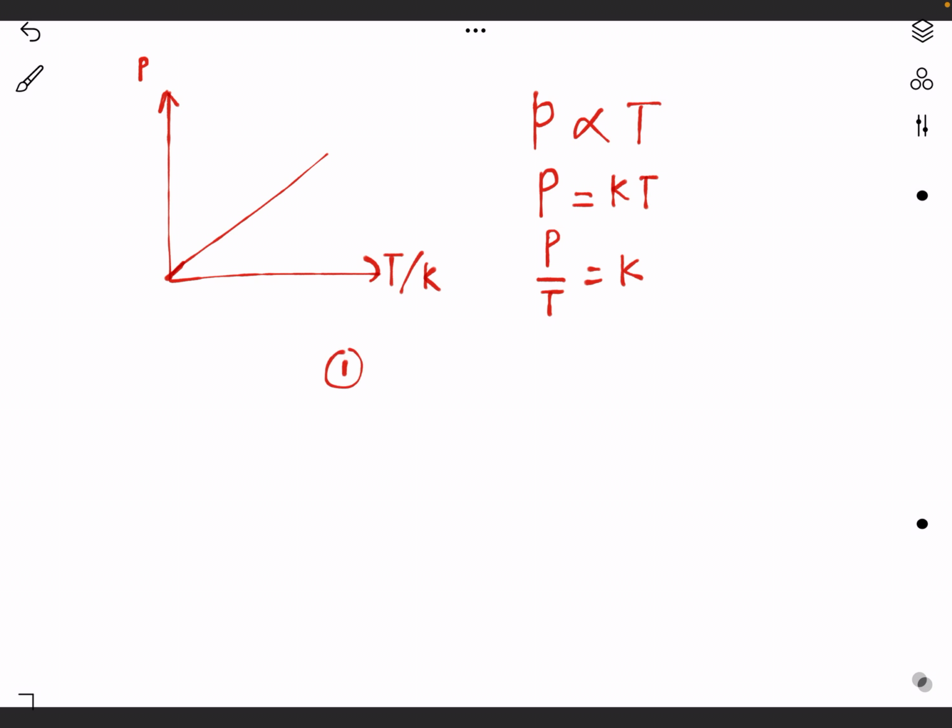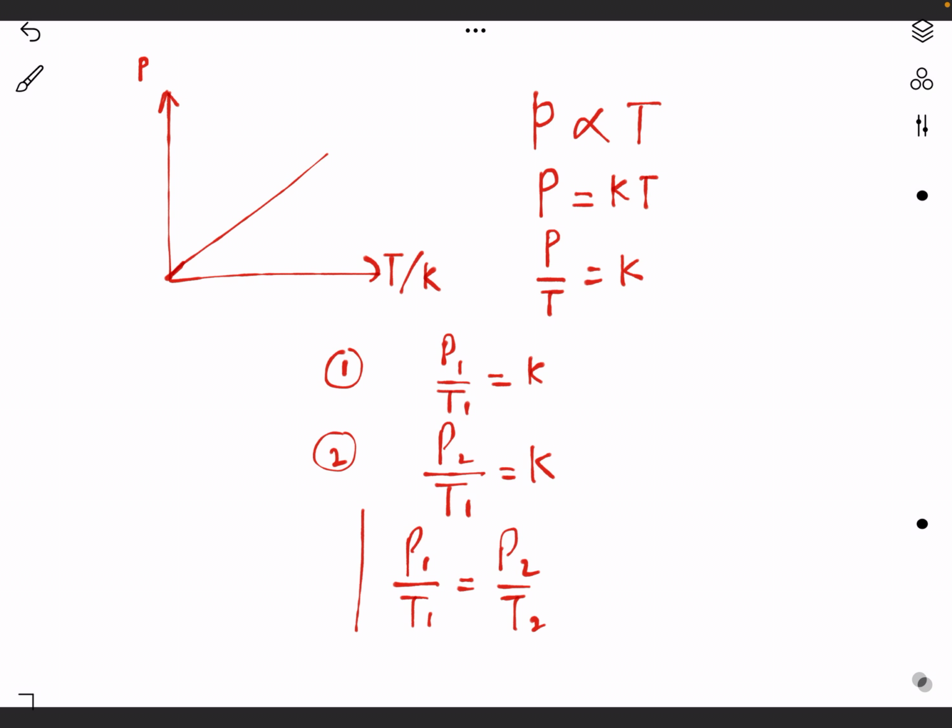For situation 1, P1 over T1 equals K. And for situation 2, P2 over T2 equals K. Since K is the same, we can write P1 over T1 equals P2 over T2. So this is the formula for the pressure law. And you have to apply this formula in the question based on the information that you can get from the question.